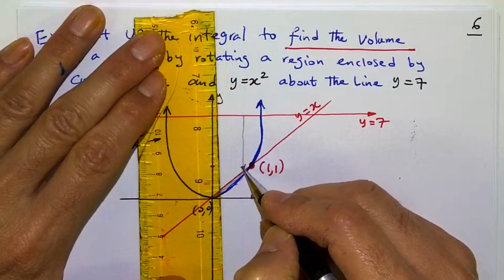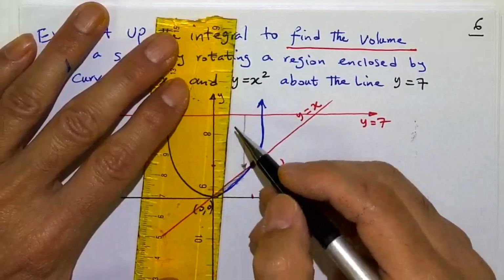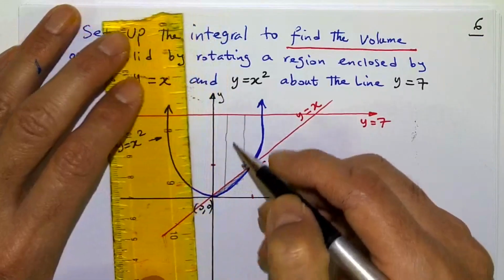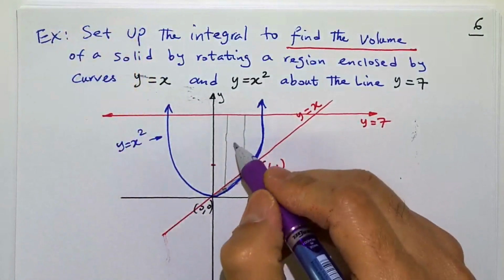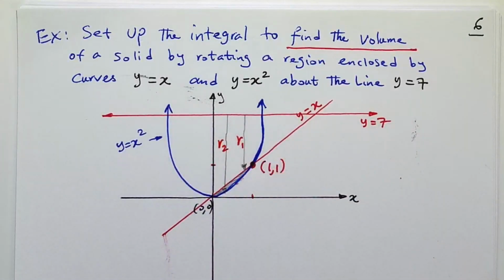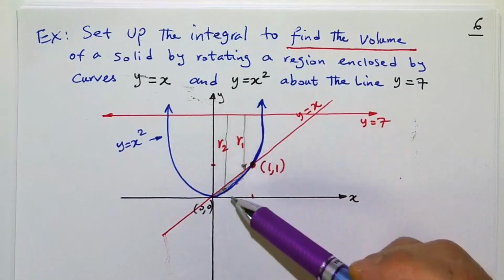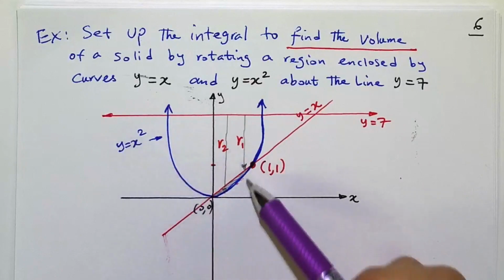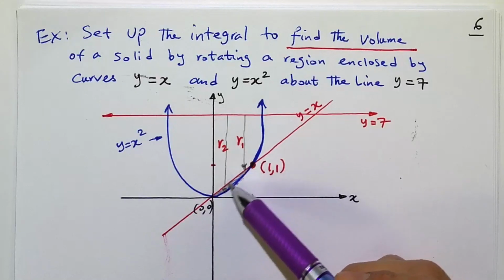By the way, it doesn't make any difference which one you label R1 or R2, as long as you know exactly which curve represents the inner radius and which represents the outer radius. So let me label these as R1 and R2. Since we're rotating about that axis, with respect to that axis of rotation, this curve, y equals x squared, is the outside radius, and this one, y equals x, is the inner radius.